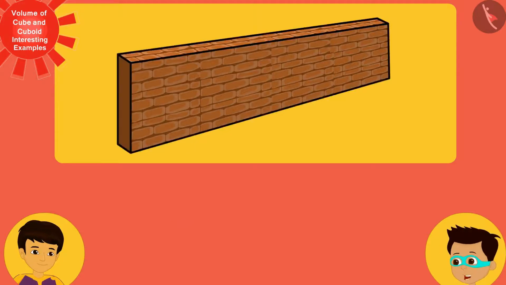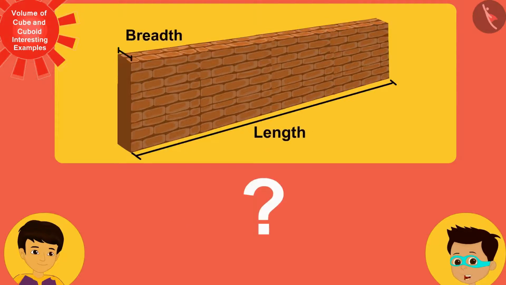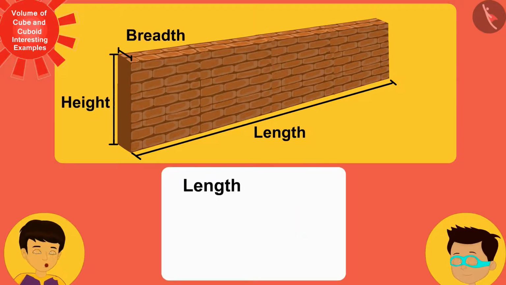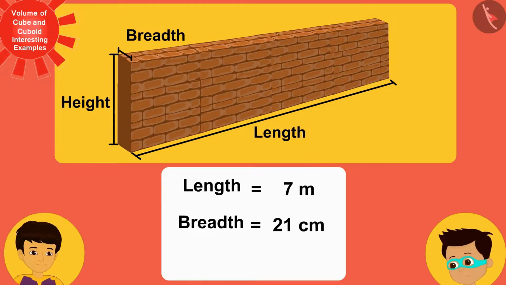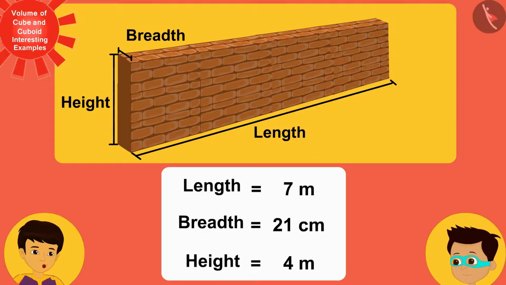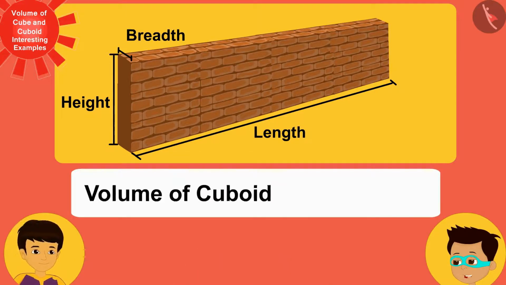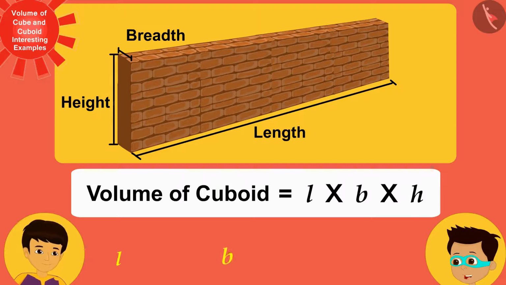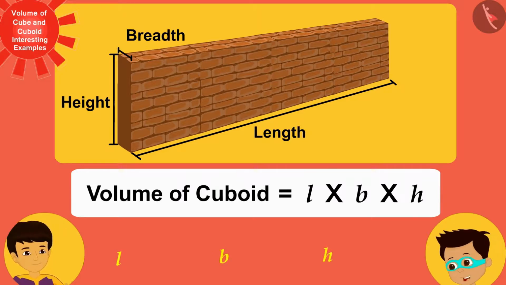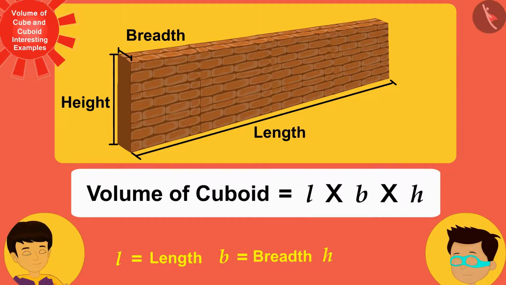Can you tell me what is the length, breadth and height of this wall? The length of the wall is 7 meters, its width is 21 centimeters and the height of the wall is 4 meters. Now, we know that the volume of the cuboid is the product of L, B and H, where L, B and H are its length, breadth and height respectively.